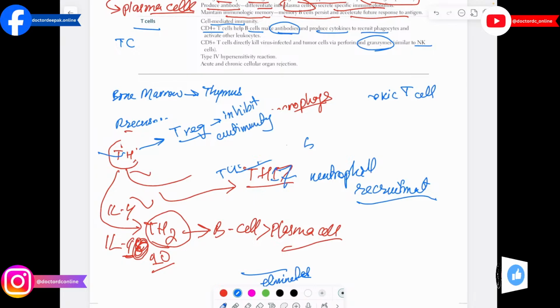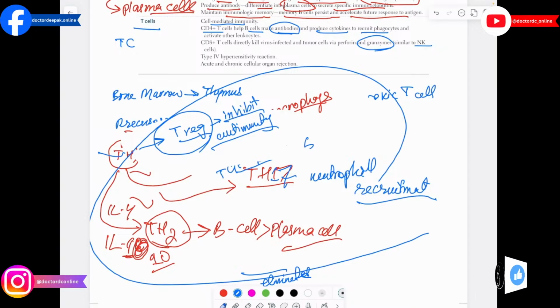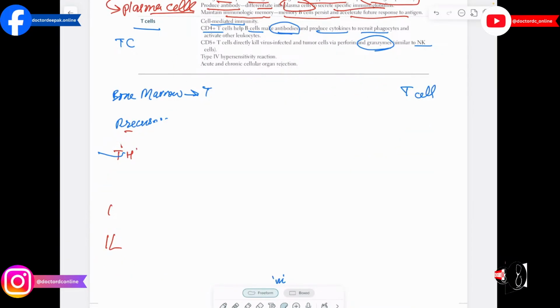What they do is make a check and balance on all the T cells, checking whether anybody is doing an autoimmune reaction or not, and they inhibit all autoimmune reactions and protect our own body from our own immune system. And that is the simple description of the immune system and how T cell differentiation happens.